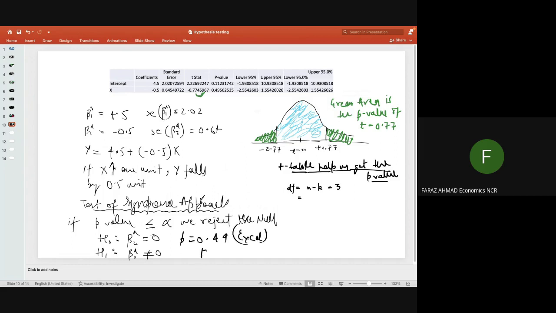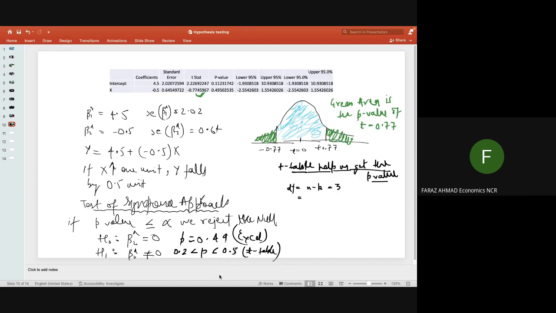And the p-value is greater than 0.2 and less than 0.5, right? That's what we got from the t table. But it is very close to 0.5, because our number was very close to 0.77, right?